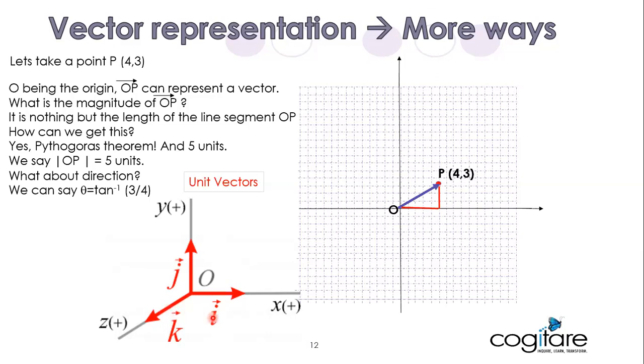The advantage of this is I need not say all the time force of 5 Newton acting along x-axis. Instead of that, I can say a force of 5i Newton. So 5i would mean that the magnitude of the force is 5 and it is acting along x-axis.